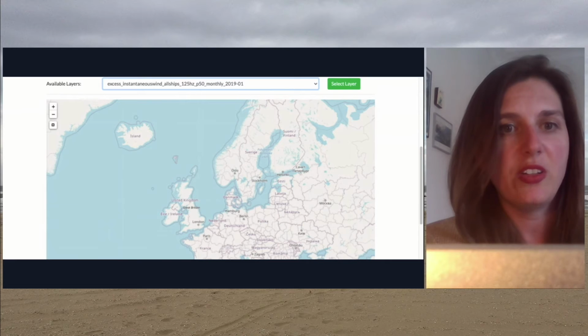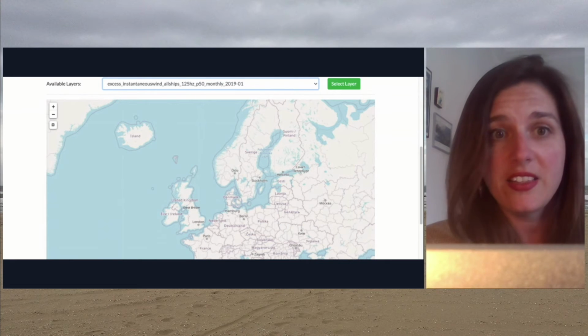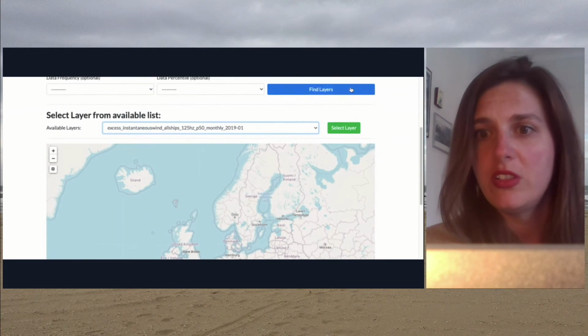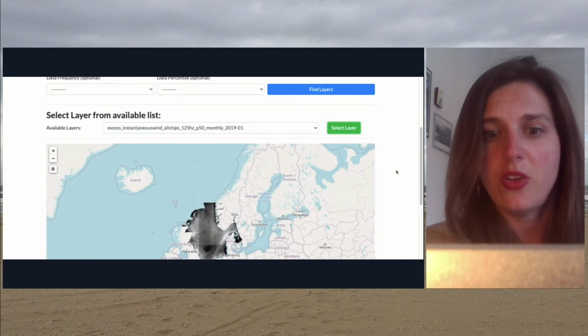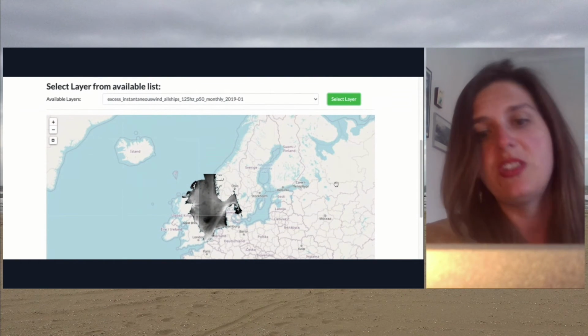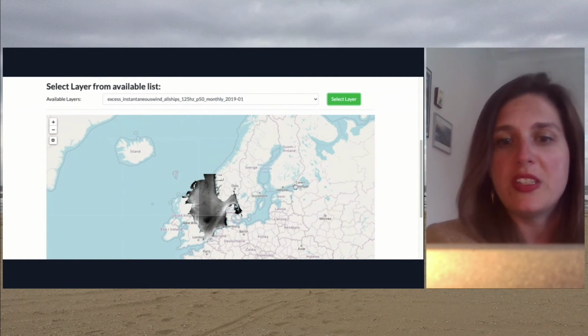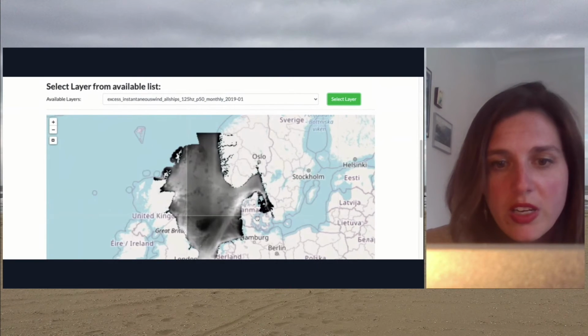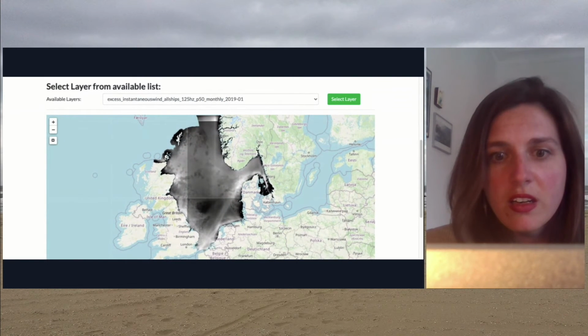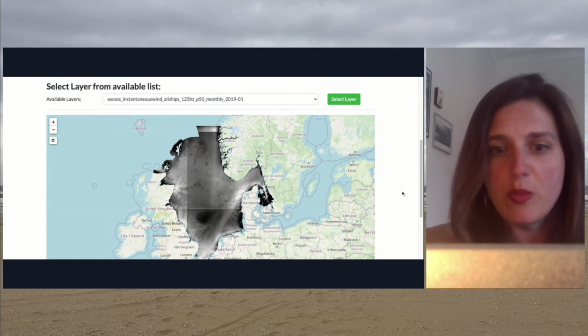But here, let's pull up the excess of the instantaneous wind at 125 third octave level. So there it is. This is different than the dominance map, but you can see, zoom right in here, it gives the same basic information.